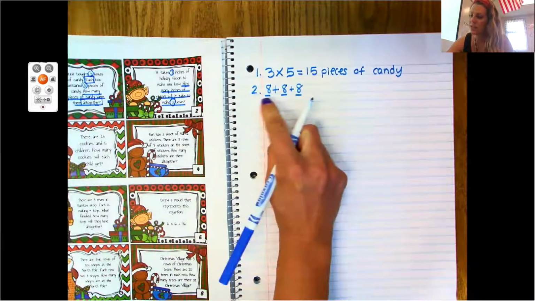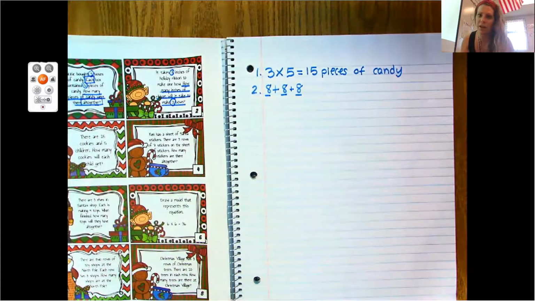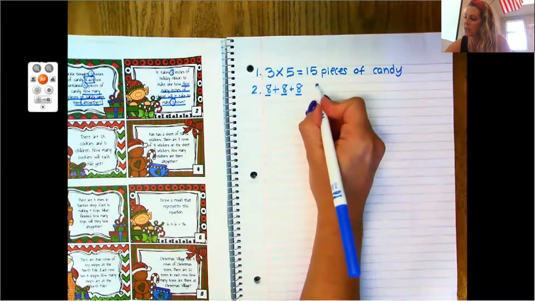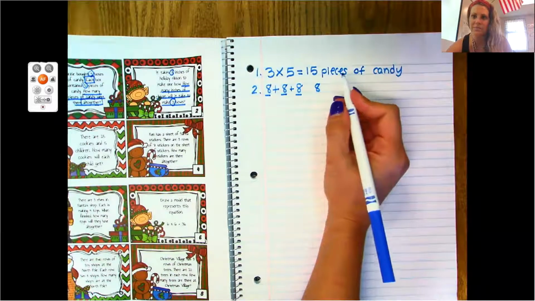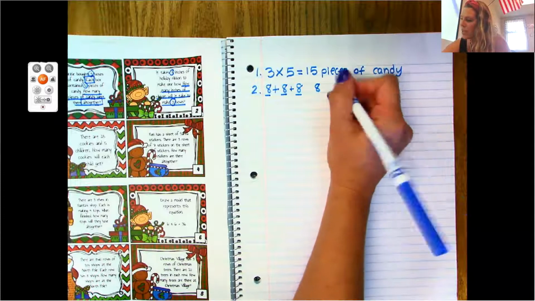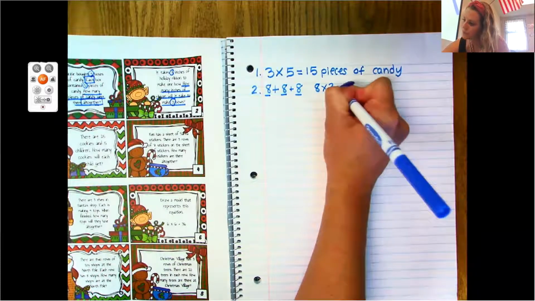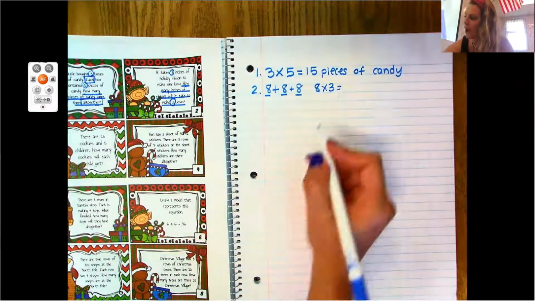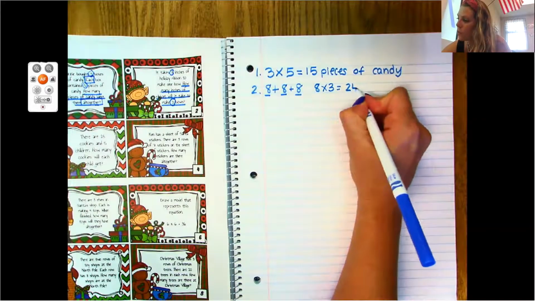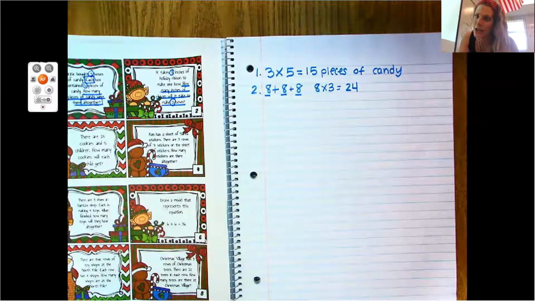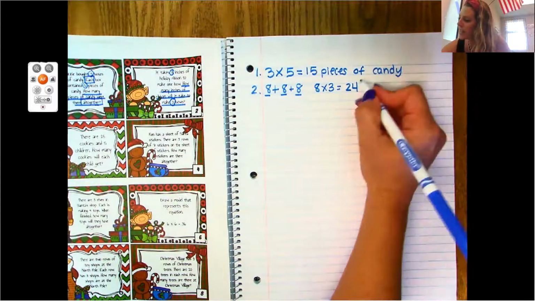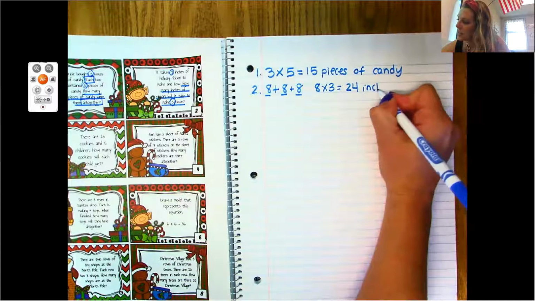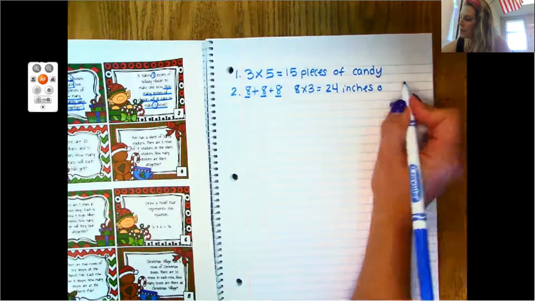Each bow needs 8 inches of ribbon, which is the same as multiplication or division, guys. Multiplication, right? 8 times 3. And what is 8 times 3? Write it down. You should have gotten 24, what, bananas? 24 inches of ribbon.